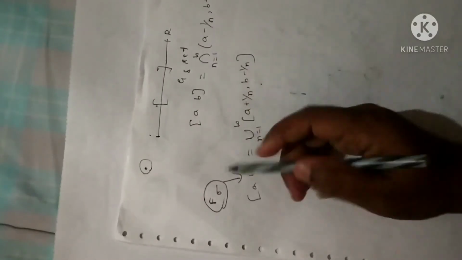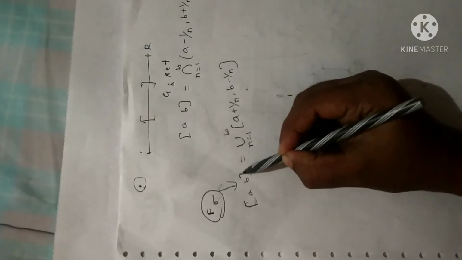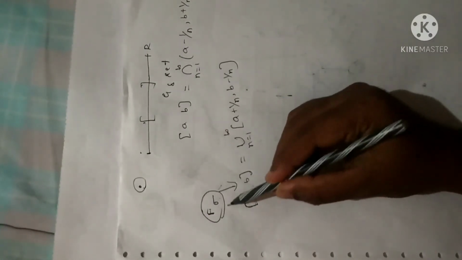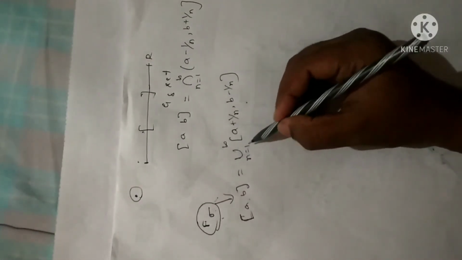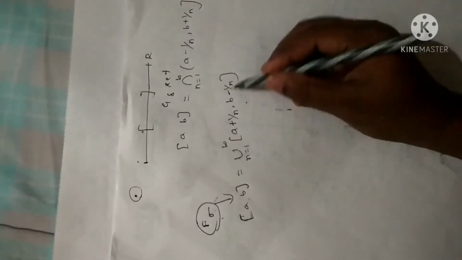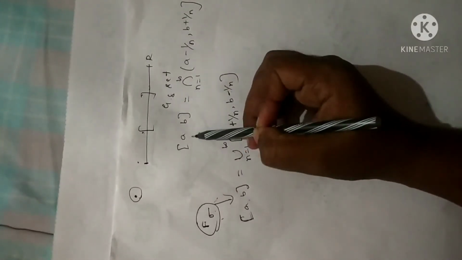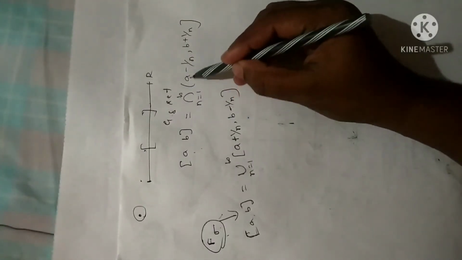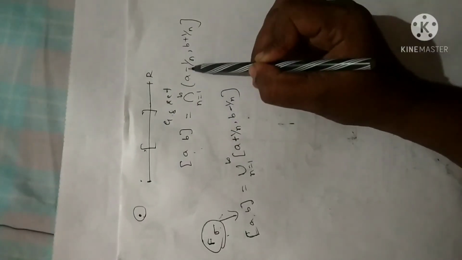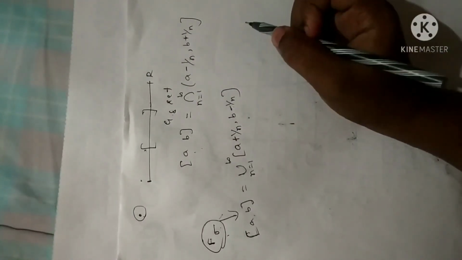Clear? When you talk about an F sigma set, if you take a closed interval as an F sigma set, you have to take a union, and the first term will be plus, the second term will be minus. Similarly, if you talk about a G delta set, when you consider a closed interval, it is an intersection, with the first term negative and the second term followed by a positive sign.